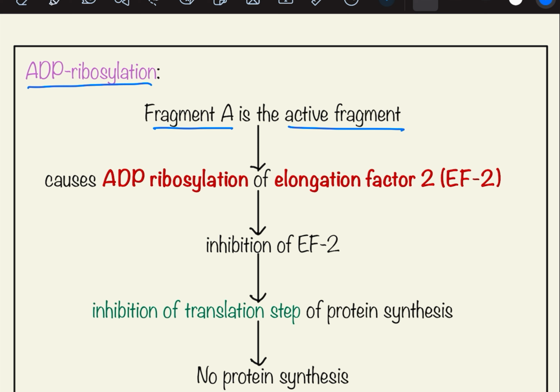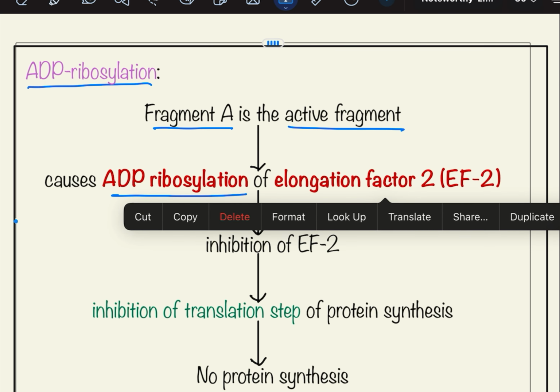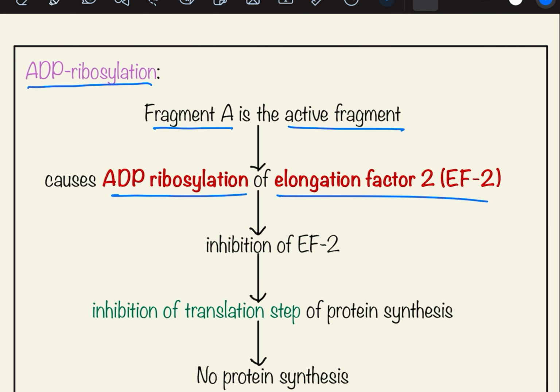Fragment A, the active fragment, causes ADP ribosylation of elongation factor 2, which plays an important role in the translation step of protein synthesis. Due to this, inhibition of elongation factor 2 occurs, which leads to inhibition of the translation step, so there is no protein synthesis. When the examiner asks for the mechanism and pathogenesis, you have to write these points.